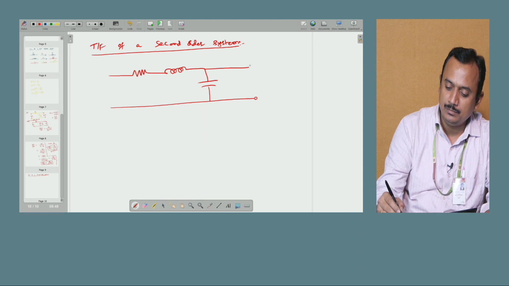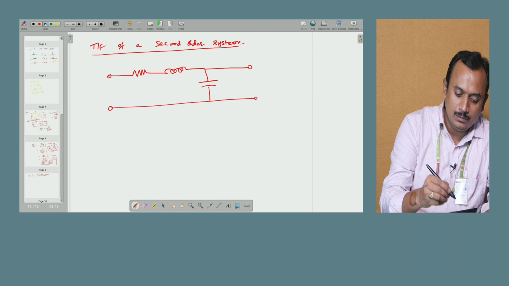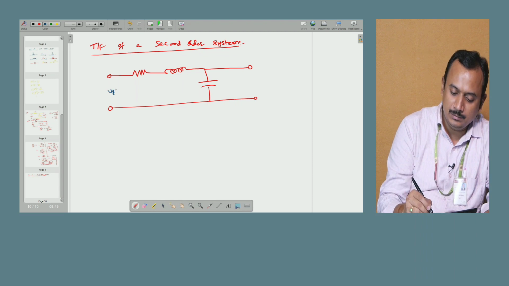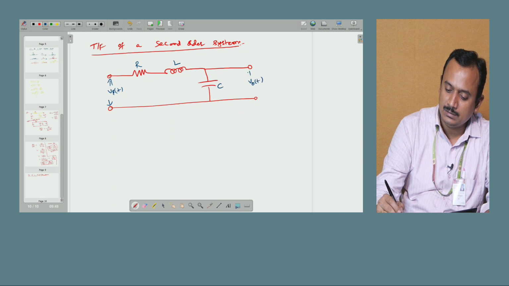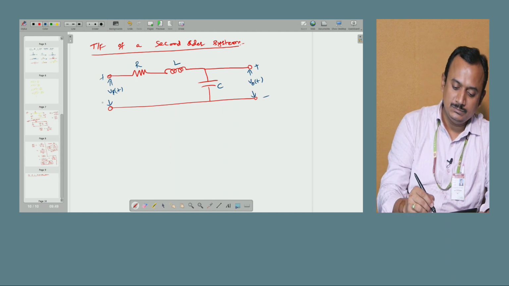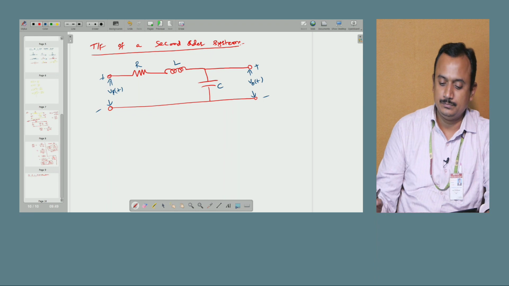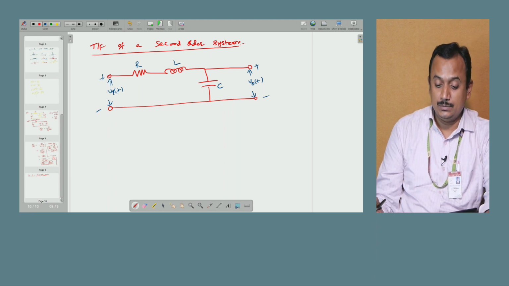This is very important. Now here we have again the input Vi of t, and resistor R, inductance L, capacitance C, and the output we are taking across the capacitance, that is V naught of t. Now what is the best practice I told?